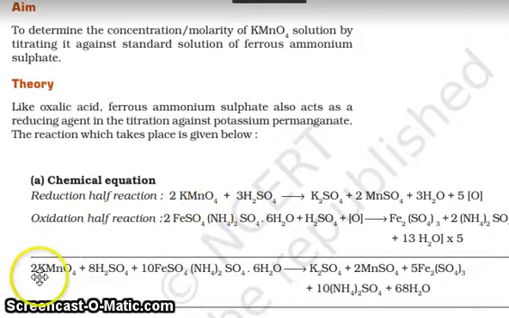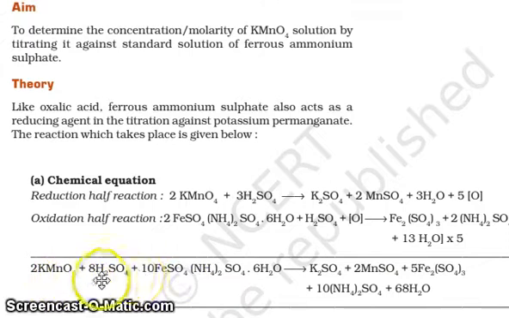So you have to write the complete equation: 2 moles KMnO4, 8 moles H2SO4, 10 moles ferrous ammonium sulfate. It gives 1 mole K2SO4, 2 moles MnSO4, 5 moles Fe2(SO4)3, 10 moles ammonium sulfate and 68 moles water.